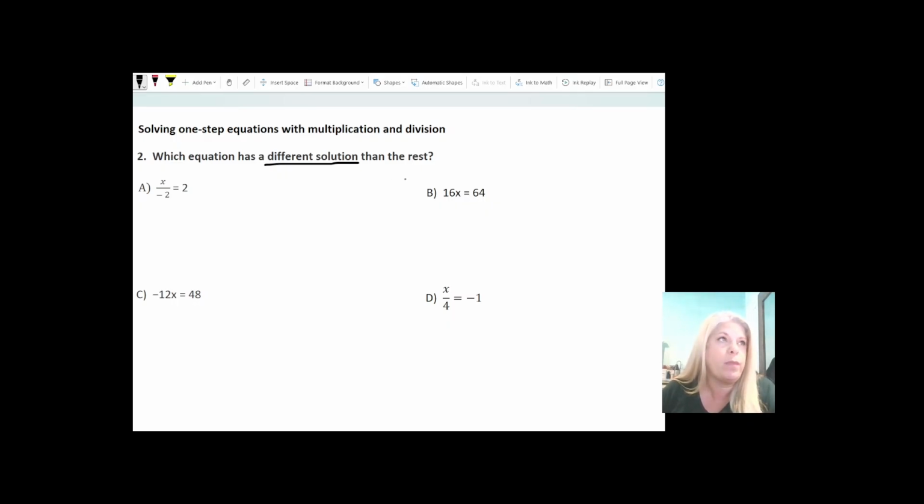So, same idea, you have to use the inverse operation or the opposite operation to get rid of whatever is with the x. And so we want to get x by itself, right? Let me just make this a little bit bigger so you can see it better. Will it let me? There we go.